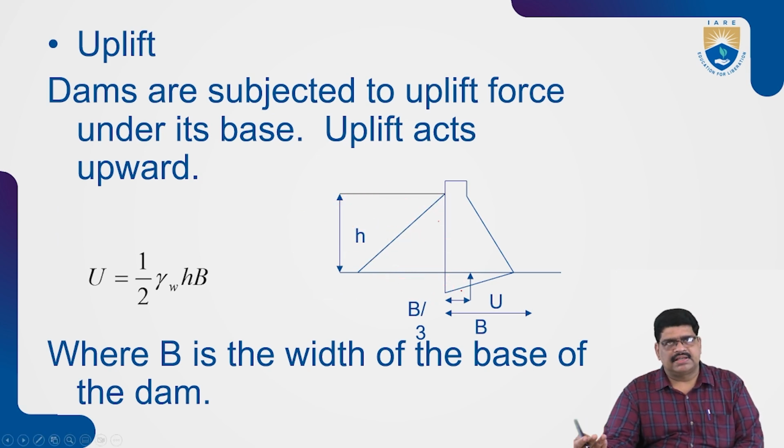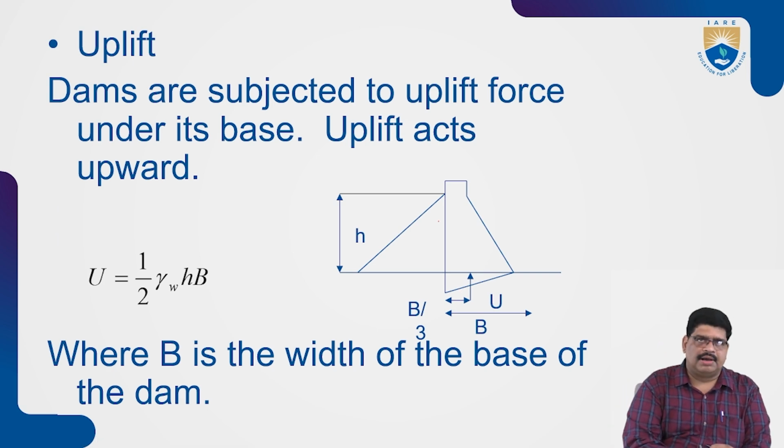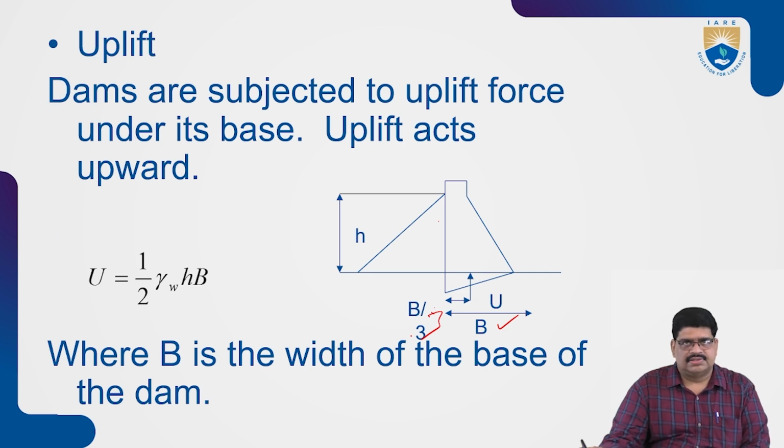Uplift pressure U is equal to half into gamma W into H into B, where H is the height of the water, U is the uplift pressure, and B is the base width of the dam.